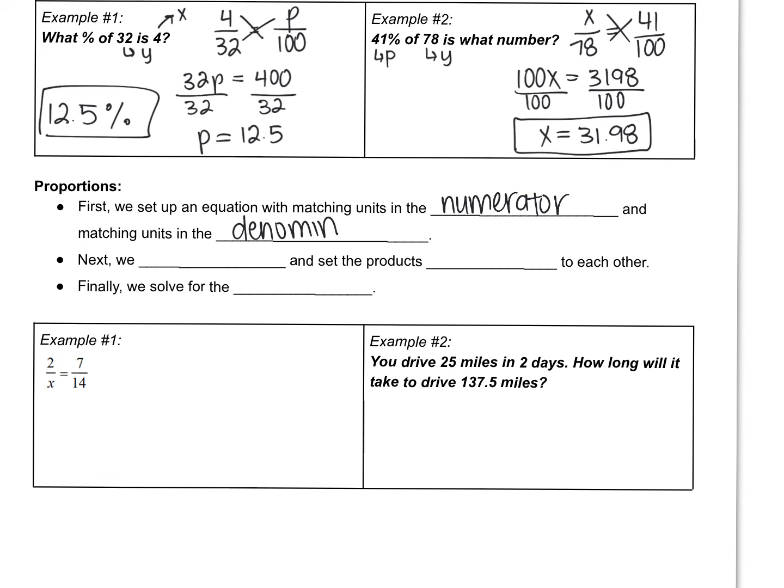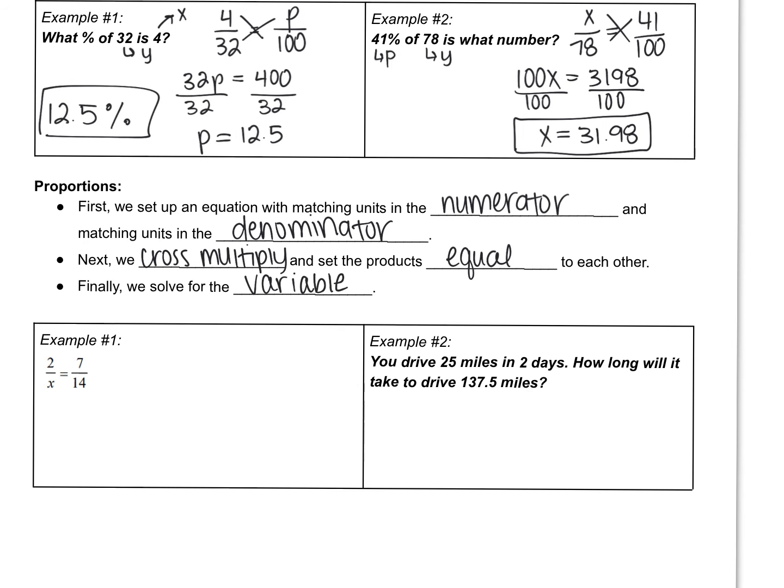Obviously one of these locations is going to be our variable, the one that's missing, that doesn't have a match. Then our next two steps are the same as percentages. We're going to cross multiply and set the products equal to each other. And then we're going to solve for our variable.